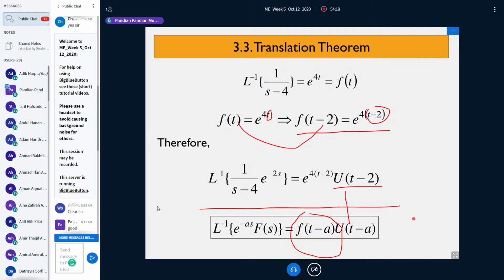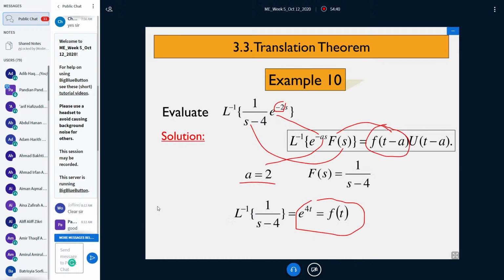Any question here, class? Yeah, Venkan. Yong Wei, any question? Example 10.